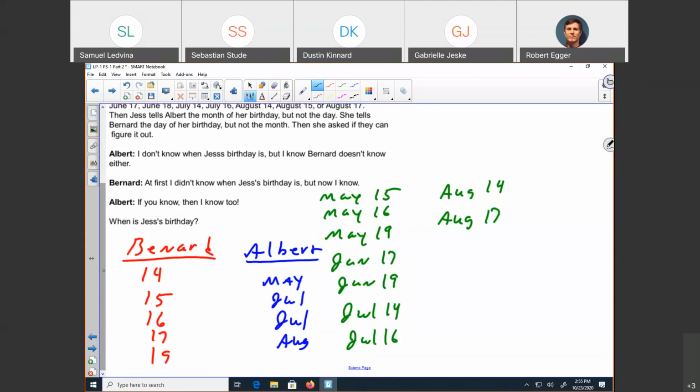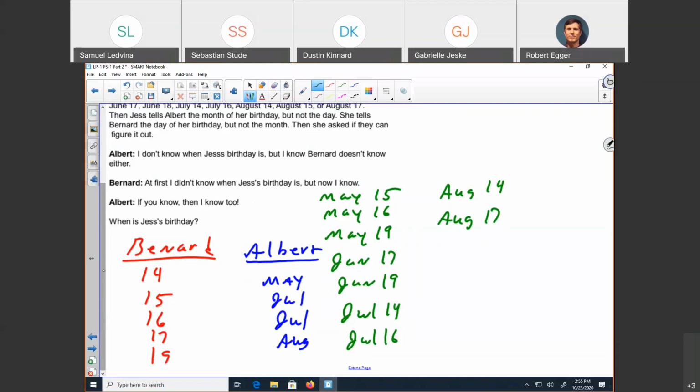If it was the 14th, it could be either July 14th or August 14th, right? Without knowing the month, you can't narrow it down.